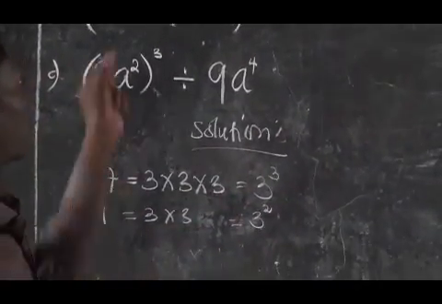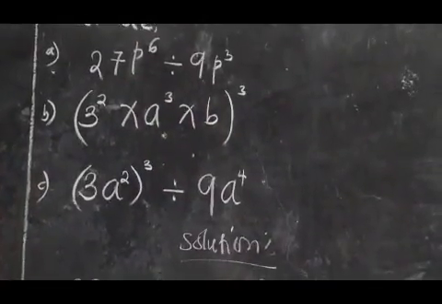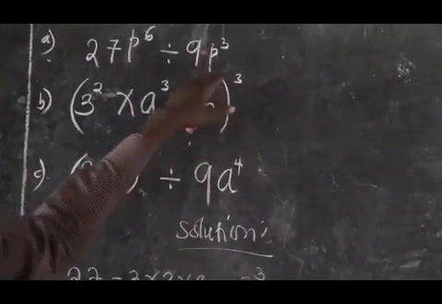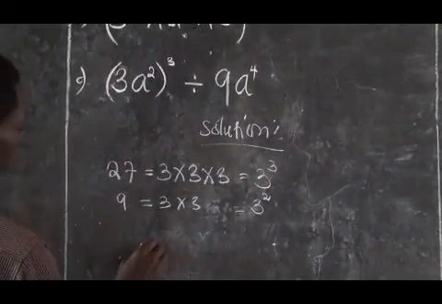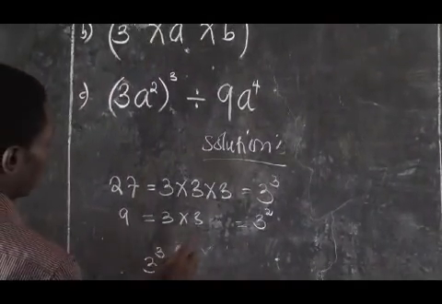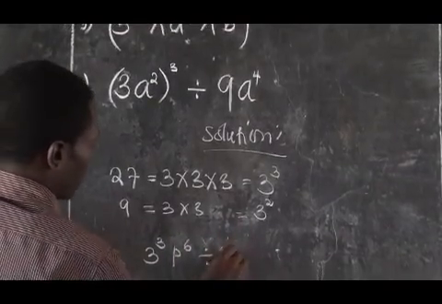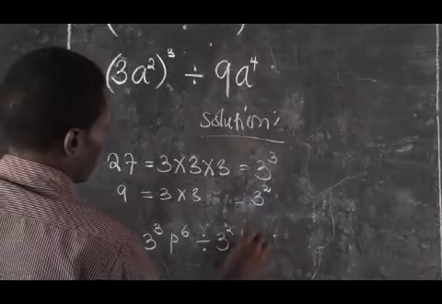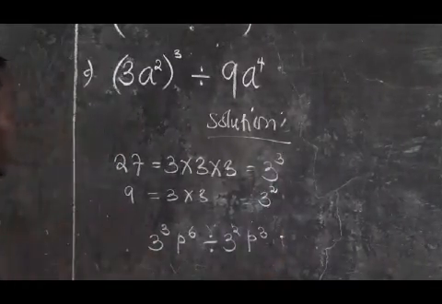Now instead of writing 27 here, we are going to write 3^3. Even this one for 9. Now these ones you are going to maintain them, so our question is going to change. It's going to become 3^3 p^6 divided by 3^2 p^3, like that.